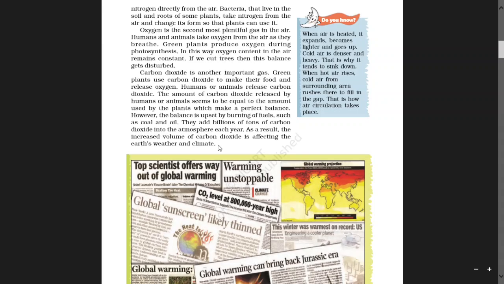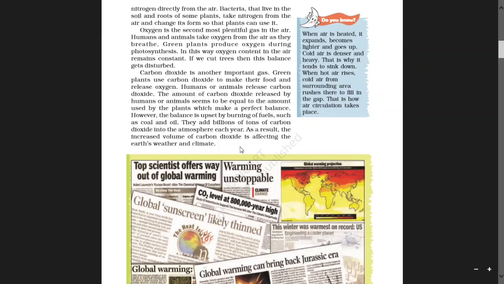As it is increasing, as a result the increased volume of carbon dioxide is affecting the weather and climate of our Earth.